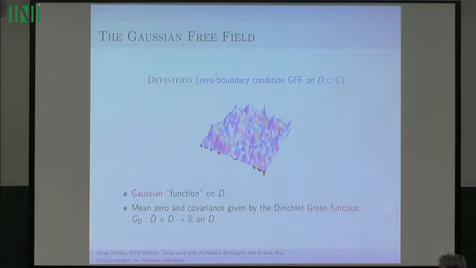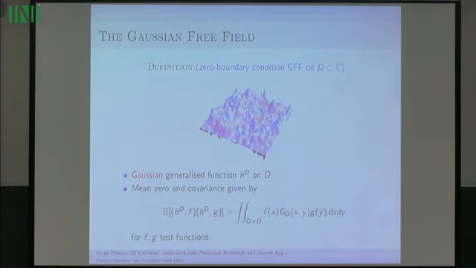But as we all know, because the Green's function is blowing up logarithmically on the diagonal, there's no way that we can define a random Gaussian function with this mean and covariance structure. So if we want to make rigorous sense of the Gaussian free field, we have to let it live in a bigger space of objects. So the way we can rigorously define the Gaussian free field is as a Gaussian generalized function, or a Schwartz distribution.